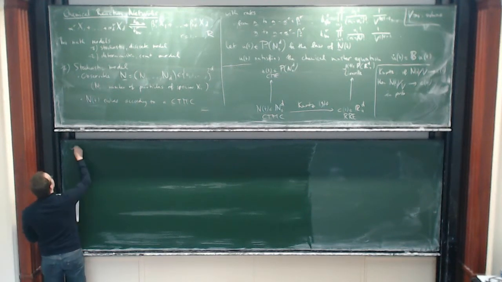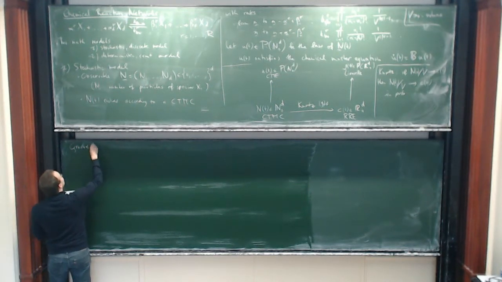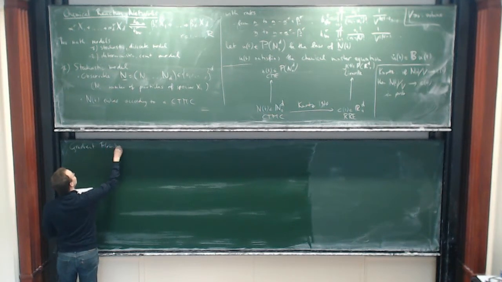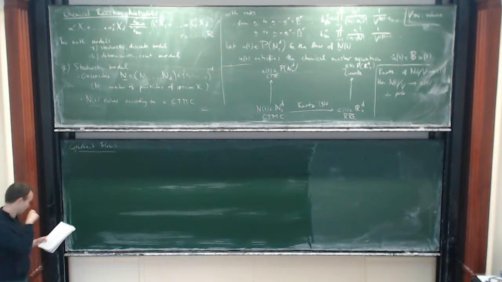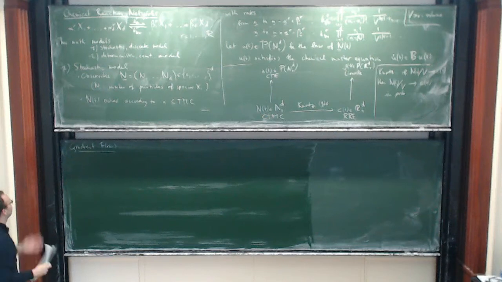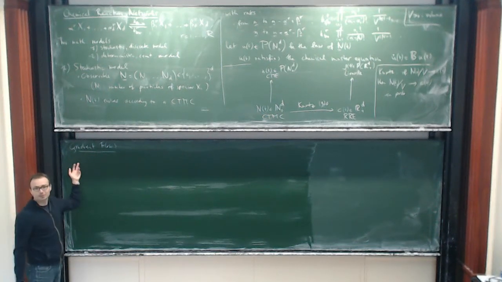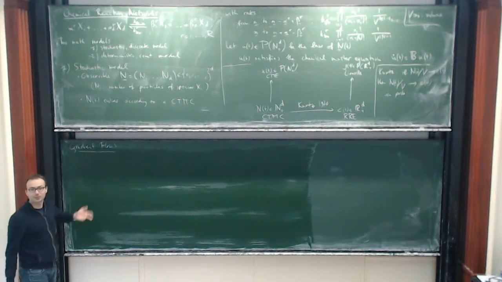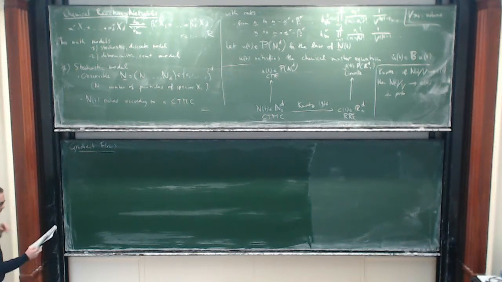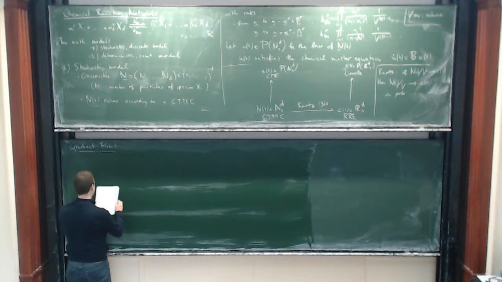So gradient flows in this setting. If you want to speak about gradient flows, then we need some sort of reversibility condition, what is called detailed balance. So there's one standing assumption which I will make in the rest of my talk.